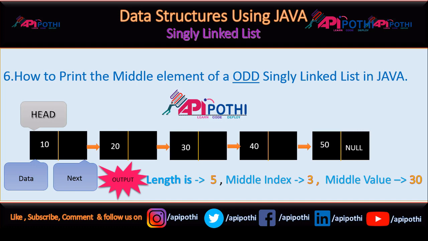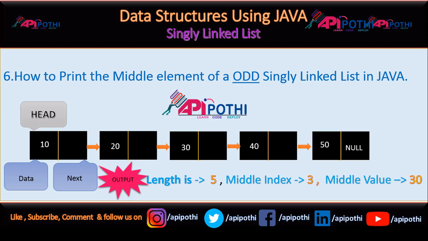In the same way, we can also identify the middle element of a singly linked list which has a length of 7, 9, or 11. So like that, we can easily categorize that this singly linked list is an odd singly linked list. This program is mainly focusing on the odd singly linked list.